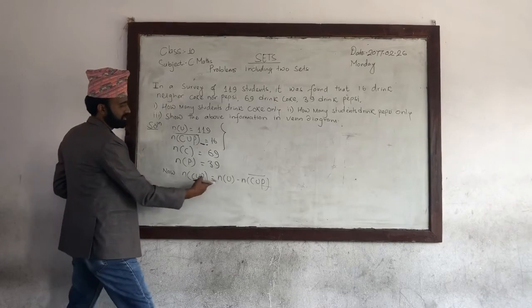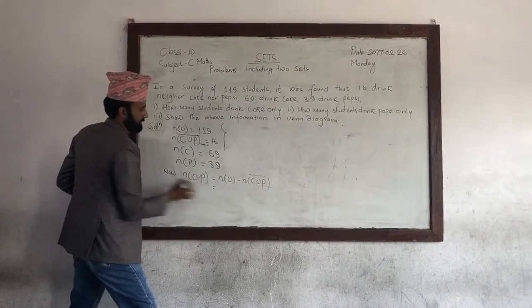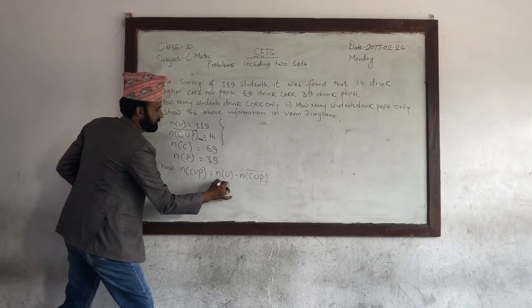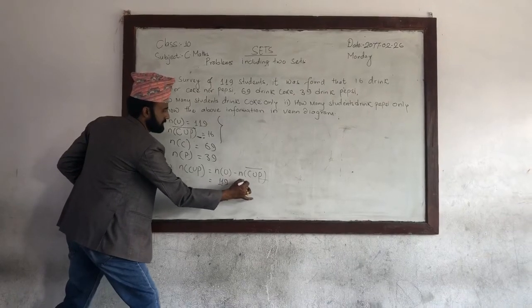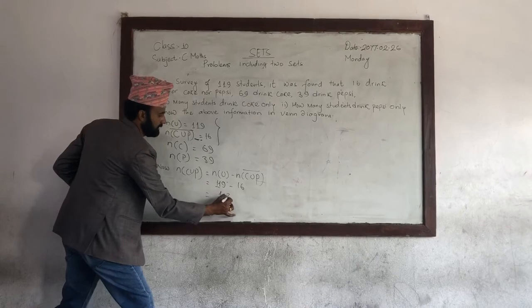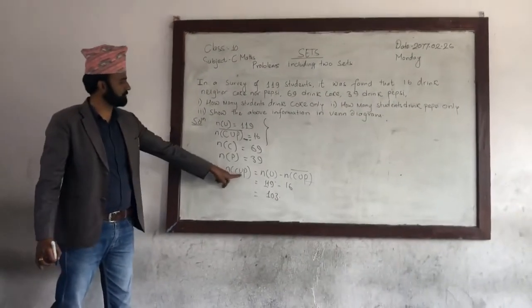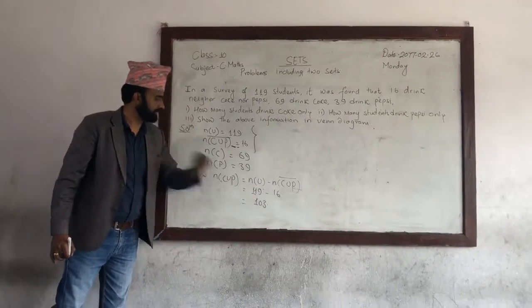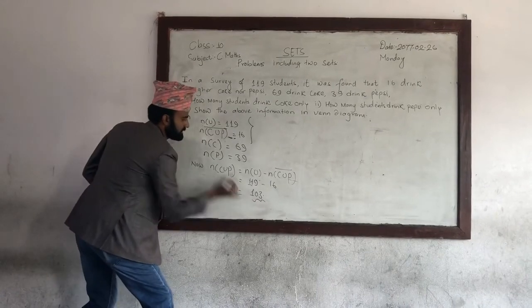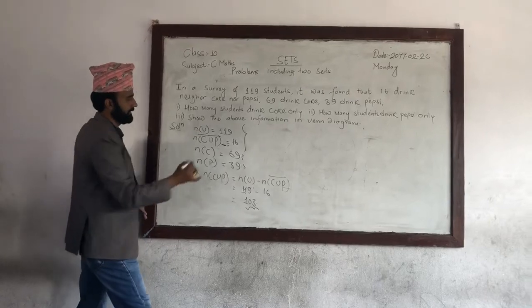Using this formula, you can find C union P. 119 minus 16 equals 103. That equals C union P, 103.